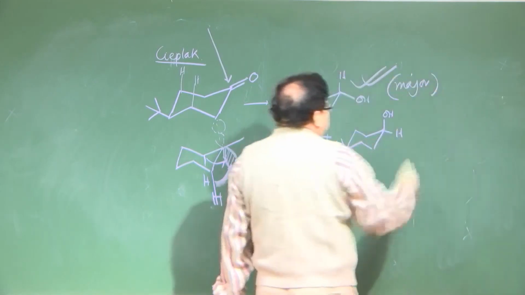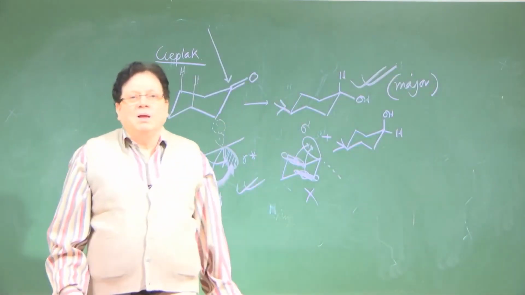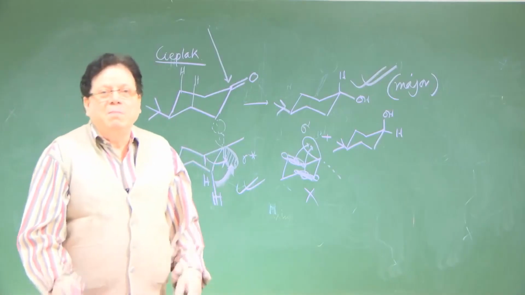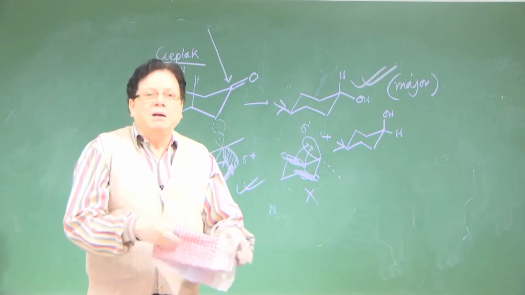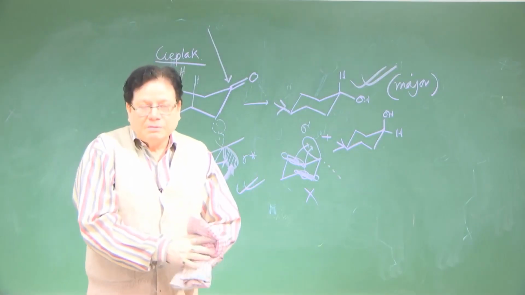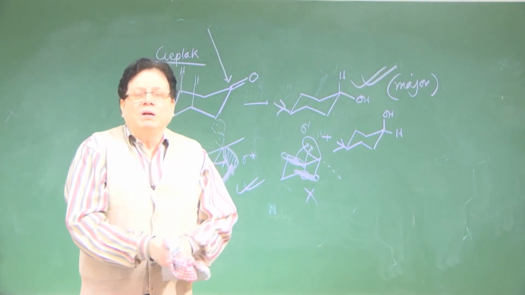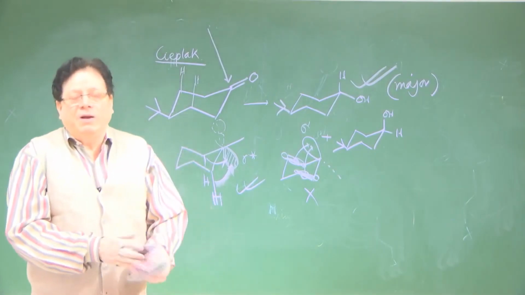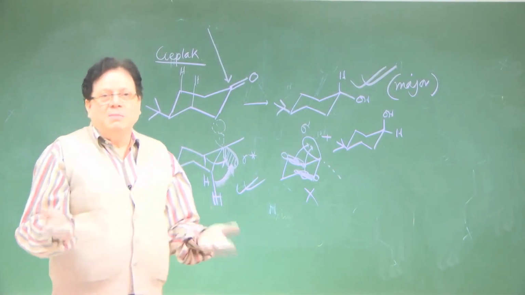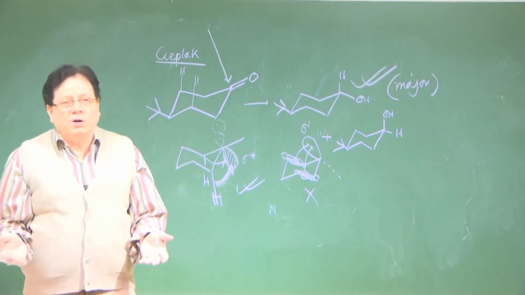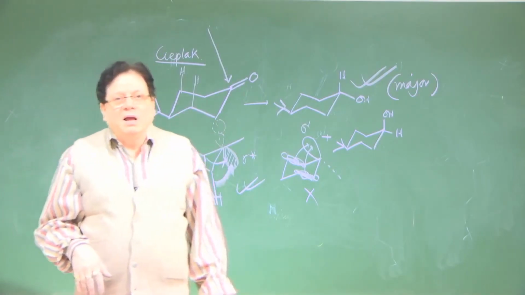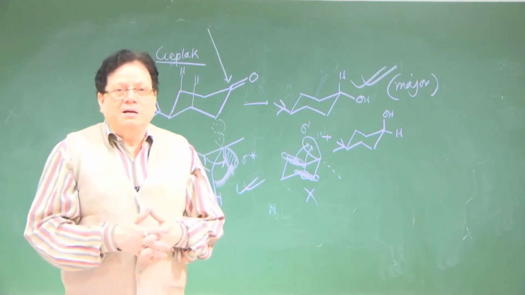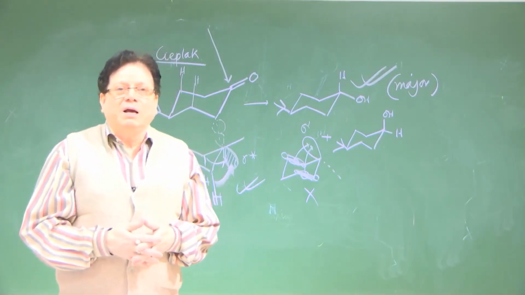Okay. So, this is another classic example of stereoelectronic effect. There are many more. Remember, as I said, stereoelectronic requirement has to be considered for every reaction. As I said, elimination has a particular stereoelectronic requirement. That means how the orbitals will be arranged in space. The SN2 reaction has a stereoelectronic requirement. Okay.